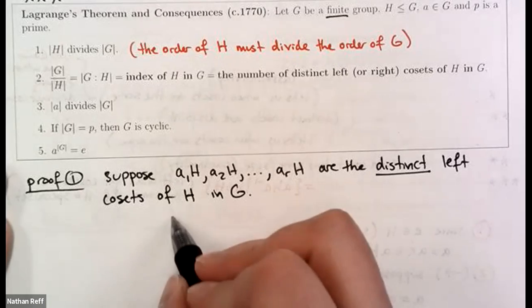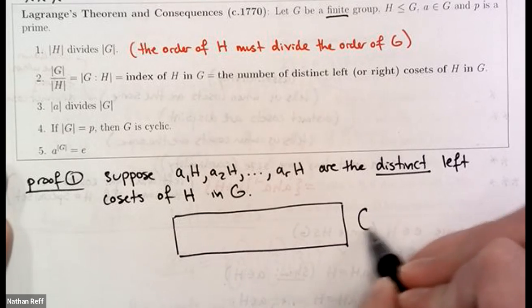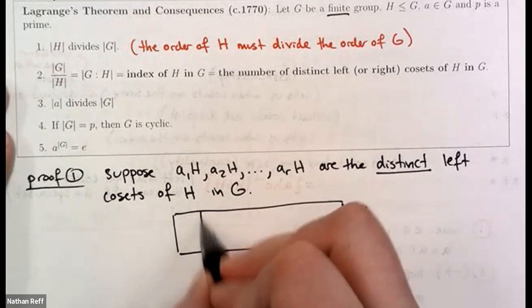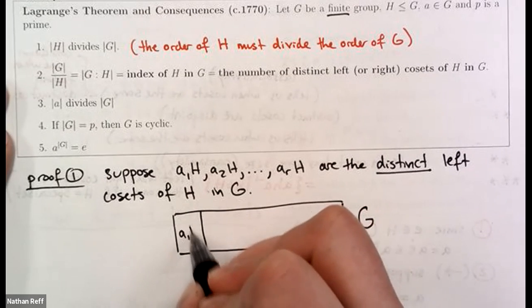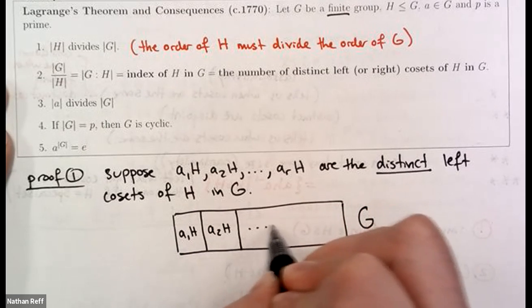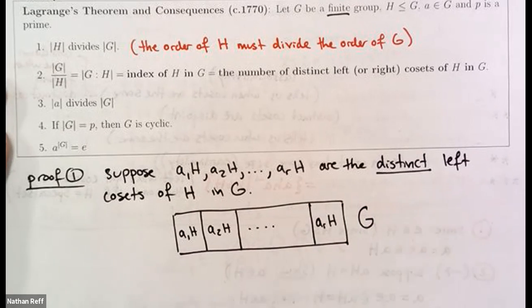So a picture you could have in your mind is kind of what I was talking about before. You could think of your group as a cake, and these cosets are going to take slices out of this cake, okay? So you're going to have A1H, A2H, all the way up to ARH.